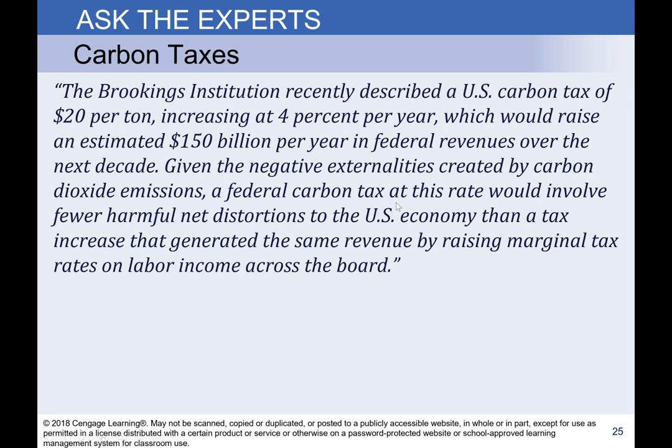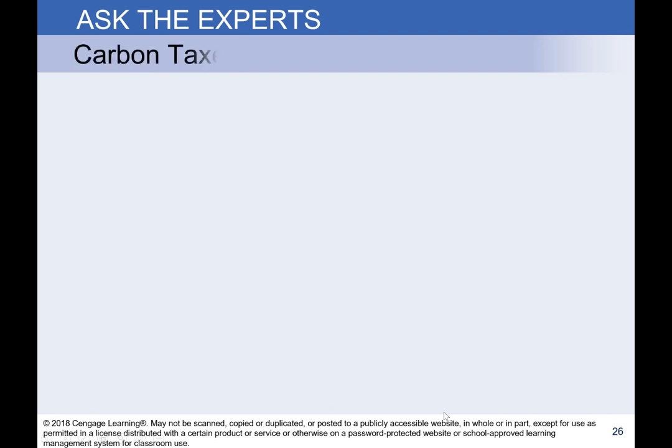Given the negative externalities created by carbon dioxide emissions, a federal carbon tax at this rate would involve fewer harmful net distortions to the U.S. economy than a tax increase that generated the same revenue by raising marginal tax rates on labor income across the board. The economists say 98% agree, 2% uncertain.